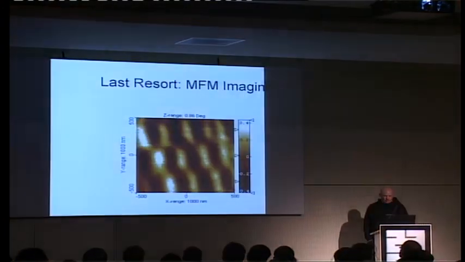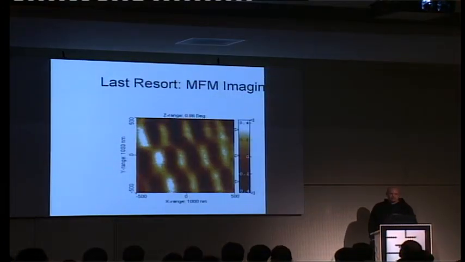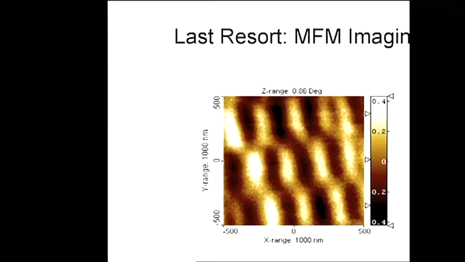Now, as I told you before about the last resort, this is actually an MFM image. You can see it's not a 100% modern hard drive. I think it was an 80 gig, 2.5 inch. There you can actually see the magnetic transitions on the media.